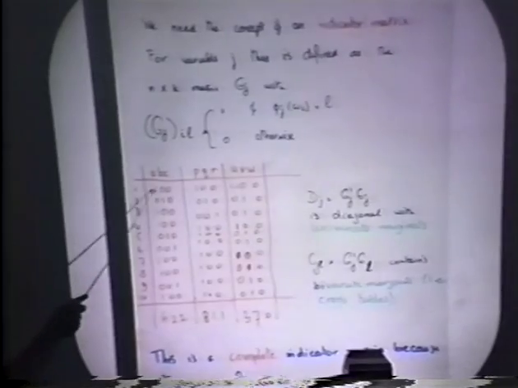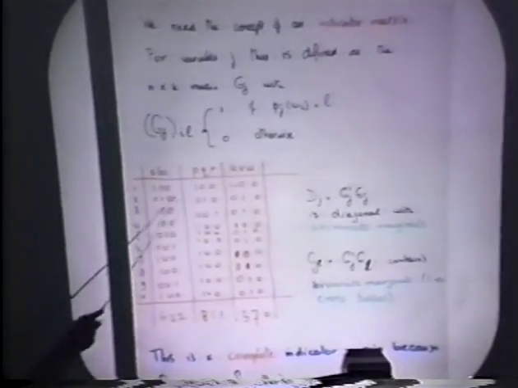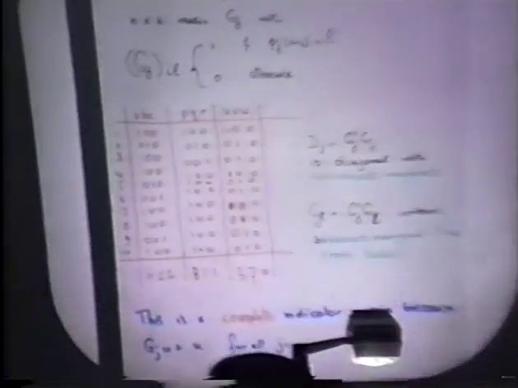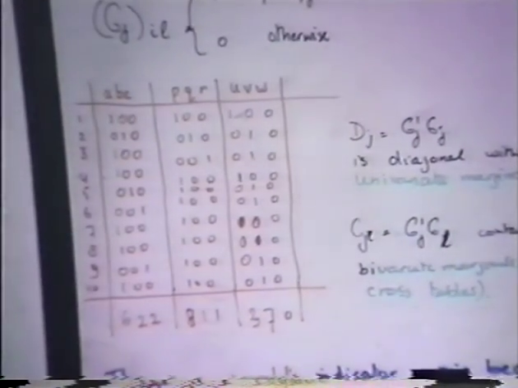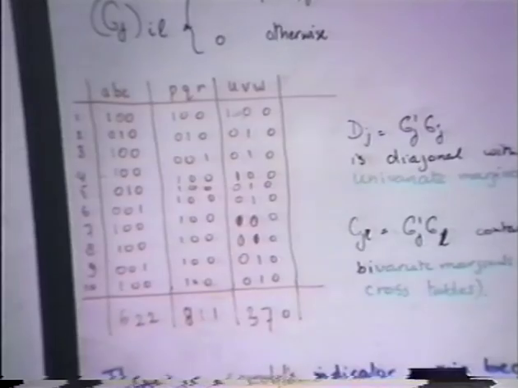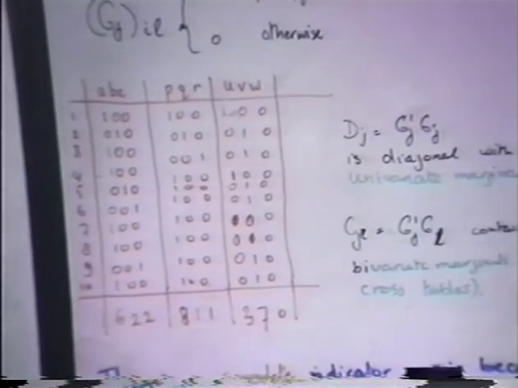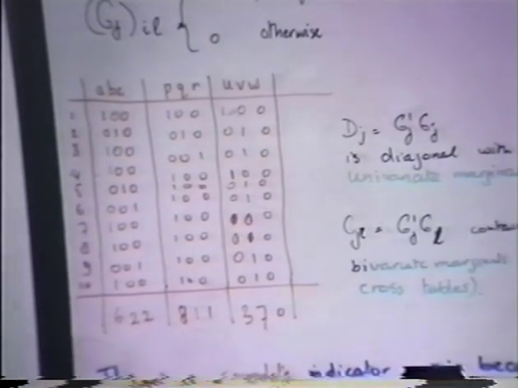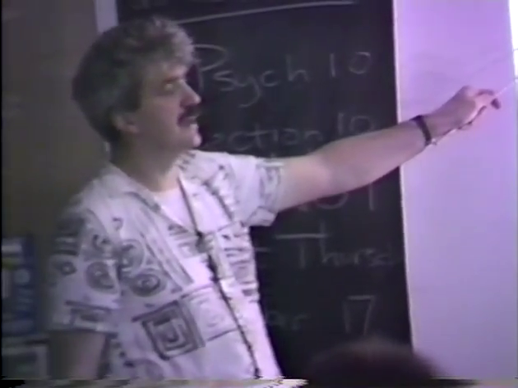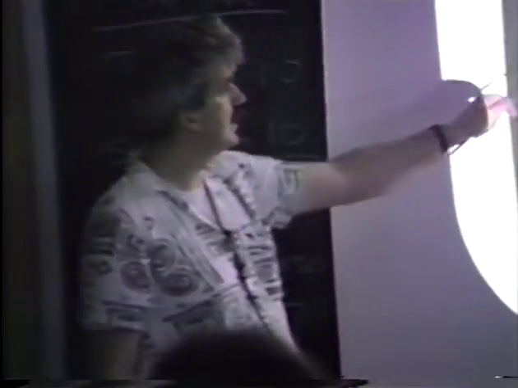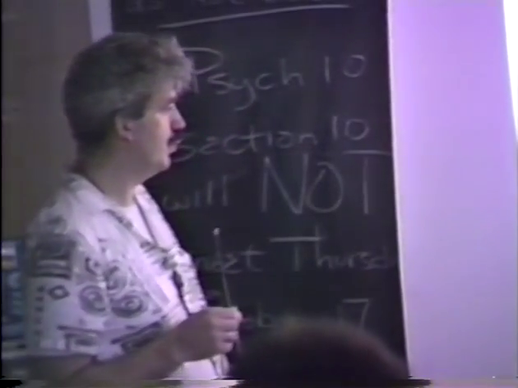So if you compute the cross table of G1 and G2, the indicator matrix of the second variable, this gives you the 3 times 3 bivariate cross table of the two variables, within each cell indicating how many there are in, for instance, category A of variable 1 and category Q of variable 2.